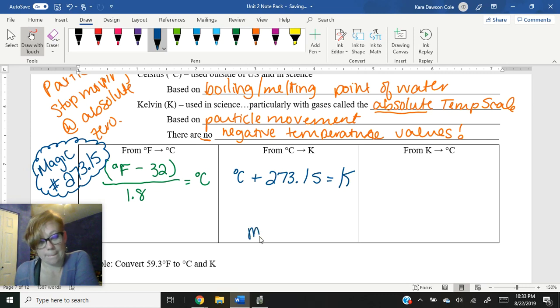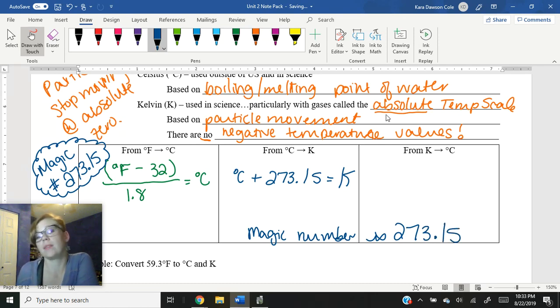Remember, the magic number is 273.15. And then it's the same thing. So we're just taking this formula and then we are solving for Kelvin to get out of Kelvin and into Celsius.